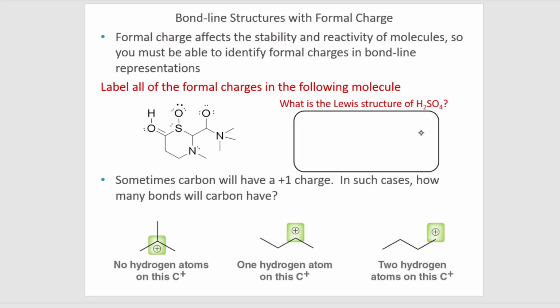So for any atom that is outside of its bond trend, I'd like for you to redraw this molecule in the box with its proper charges, and you don't have to draw the lone pairs. So draw the Lewis structure for that molecule with its appropriate charges, either plus or negative where appropriate.